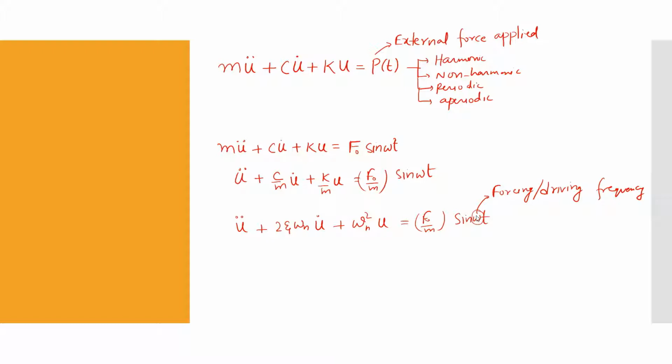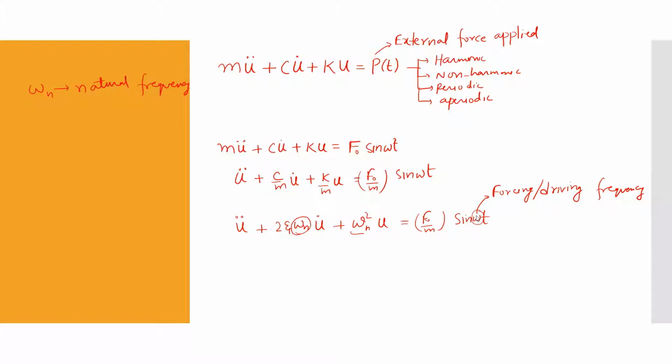And here we have shown omega n, which is the natural frequency. We should know omega n is the natural frequency which is inherent to a single degree of freedom system or any structure, because of its own stiffness and mass.